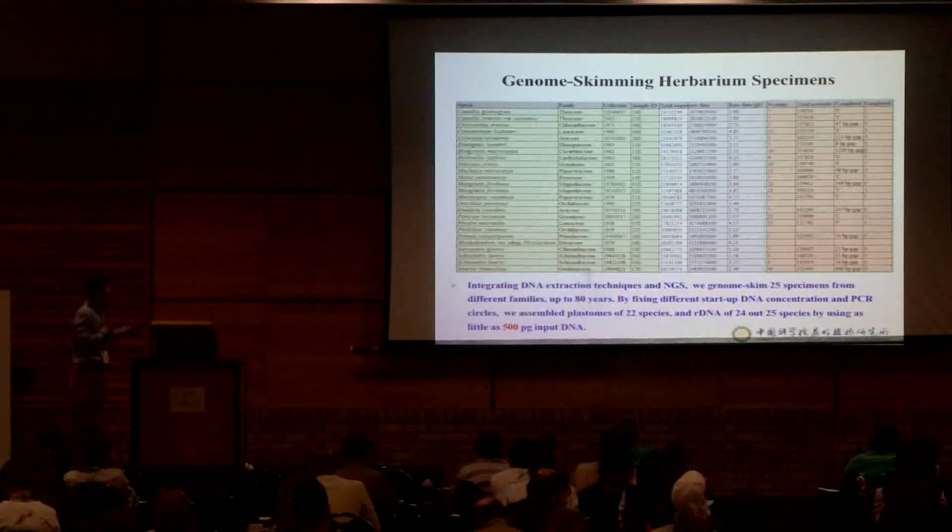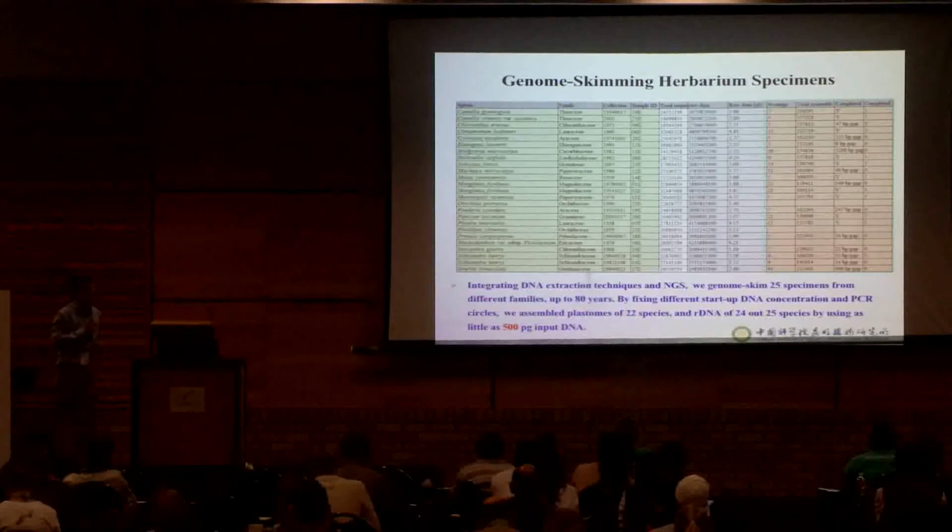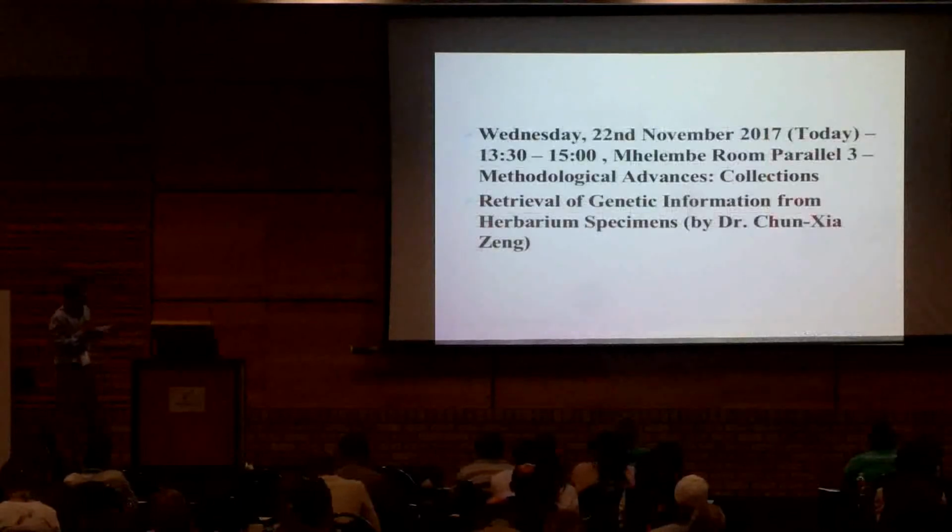And we actually assembled 22 of them with whole chloroplast genome and 24 with rDNAs. And this starting input DNA is as low as 500 pg. So there will be a talk this afternoon giving you more details about this technique.